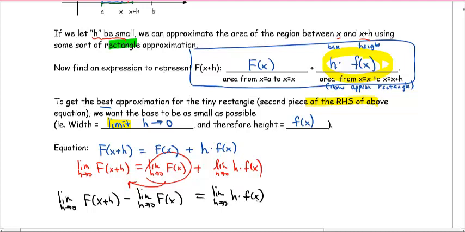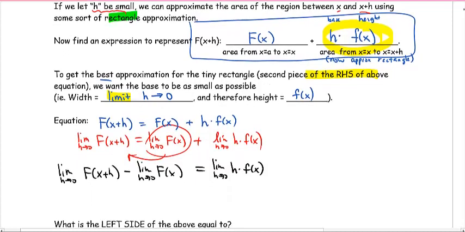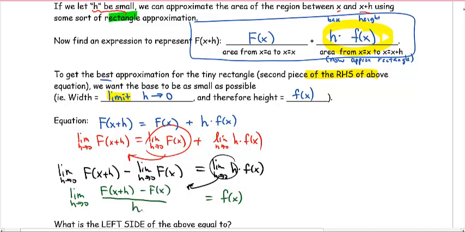Now our goal is to solve for f of x. So I'm going to take this limit as h approaches 0 with h and stick it on the other side as well. Here I'm multiplying by f of x, so the opposite of multiplication is division. So I'm going to now have f of x here, and then the limit as h approaches 0. I'm only going to write it once, because the limit applies to everything here. And notice that h now becomes division, and here we go.